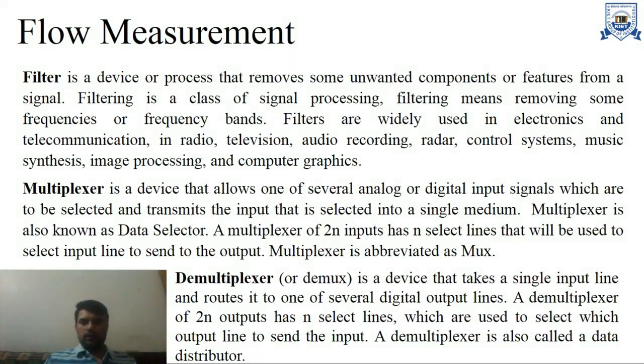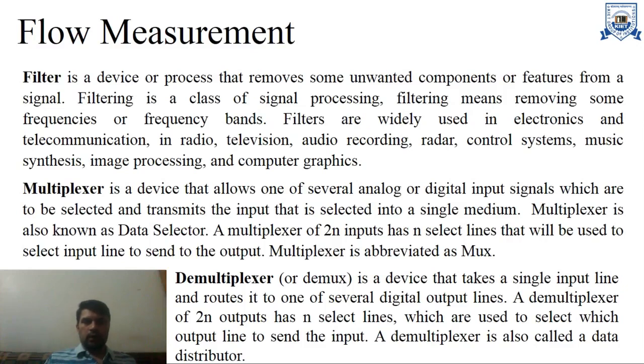A multiplexer is a device that allows one of several analog or digital input signals to be selected and transmits the selected input into a single medium. Meaning in a multiplexer we have only one output line. At the input line we have multiple inputs, based on our requirement, and we also have select lines. A multiplexer is also known as a data selector.